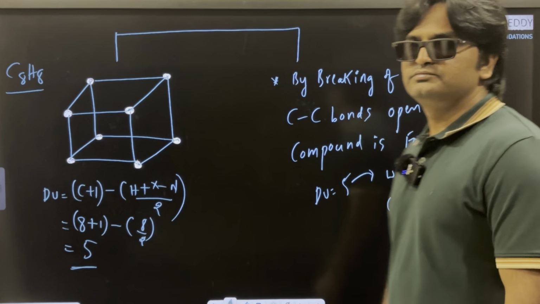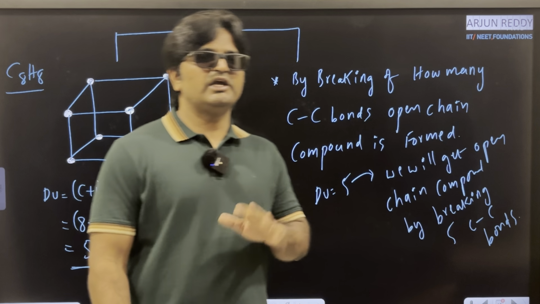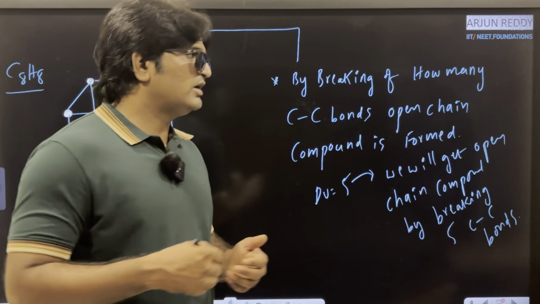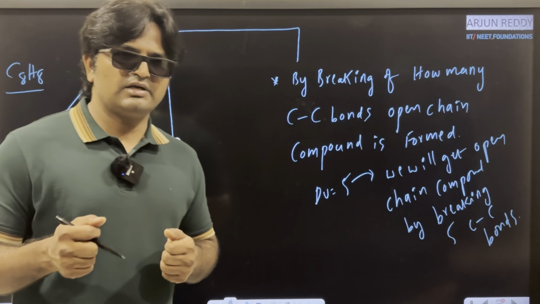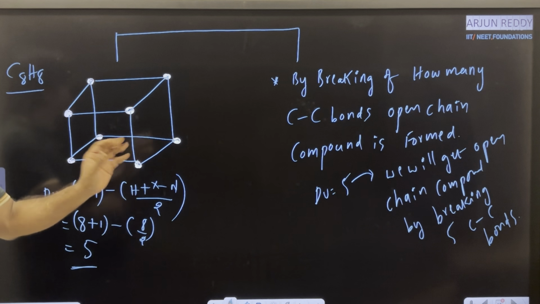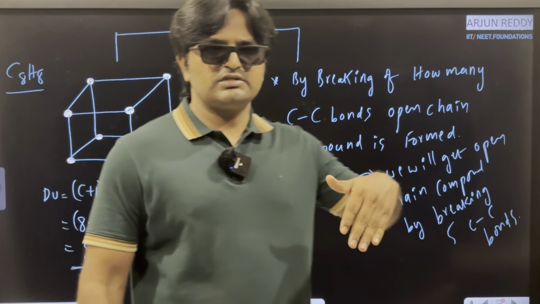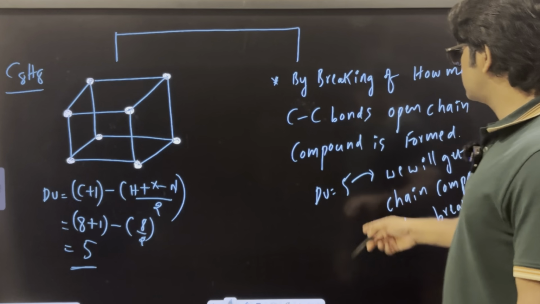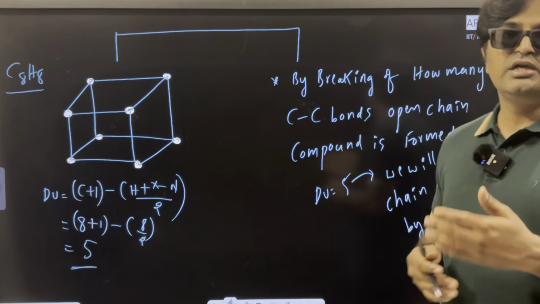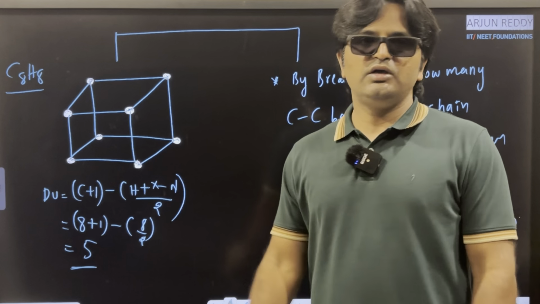That is the answer. If you start breaking, you will get confused and not get the exact answer. So just calculate the degree of unsaturation. If it equals 5, then by breaking 5 bonds you finally get an open chain structure.